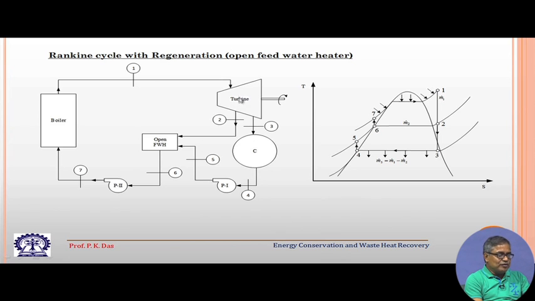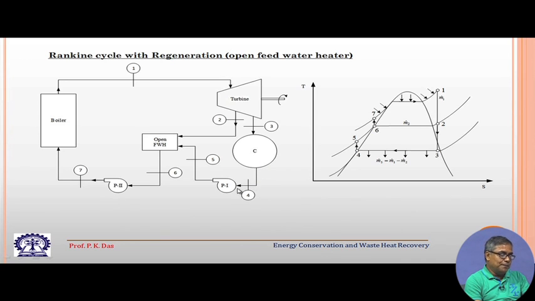Now, the rest of the steam is allowed to expand up to the exit pressure of the turbine. Then at the exit, it will go to the condenser and get fully condensed.